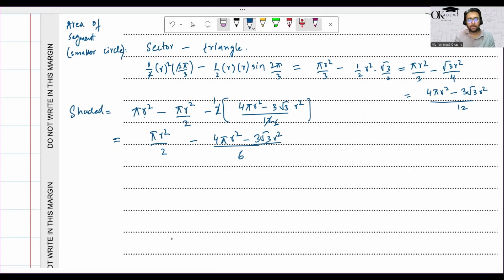Okay, let's make the denominators the same. So I'll multiply this by 3, I'm so sorry, by 3.